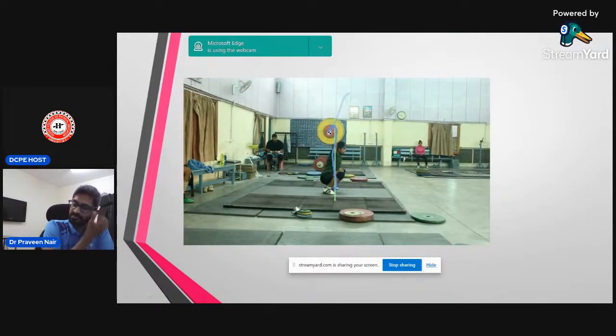Now, this is one of the analyses which we do. You can see it is basically qualitative because there is no unit measure, but I will demonstrate it. You already know how to do this. This is a typical analysis of weightlifting barbell trajectory. We can follow the pathway of the barbell trajectory of a weightlifter.